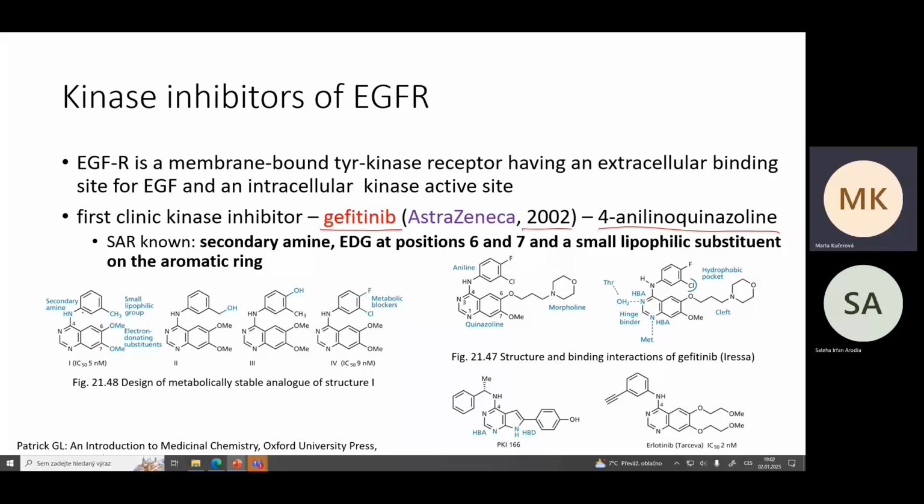It was known that the aminoquinazoline moiety is essential for the binding, like mimicking the adenine in ATP. And it was known that on the phenylamino group are small lipophilic groups required. And there should be some electron donating substituents on the nitrogen bicycle.